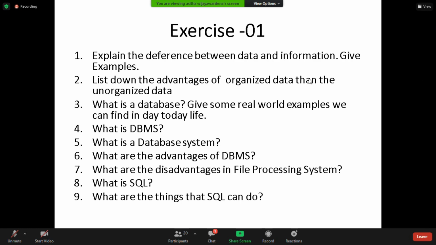I think I have already discussed the second one, but you can still discuss the advantages of organized data or unorganized data. You should point it out, since I have already discussed what you have written there. Easy to access, less storage facilities is enough.